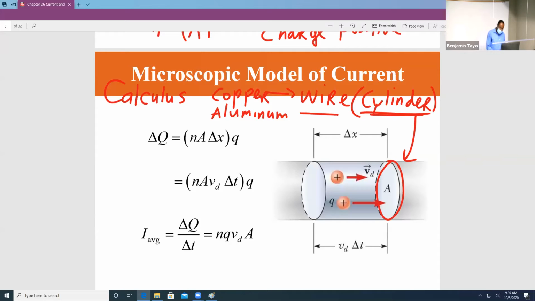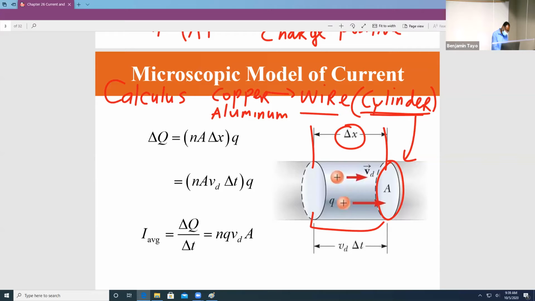Then using calculus, I can pick a small region here that I call delta X. I want to calculate the total amount of charge that I have in this region right here.